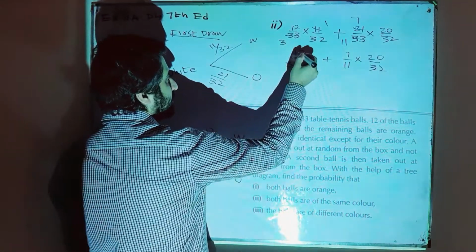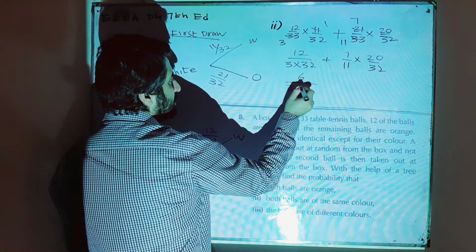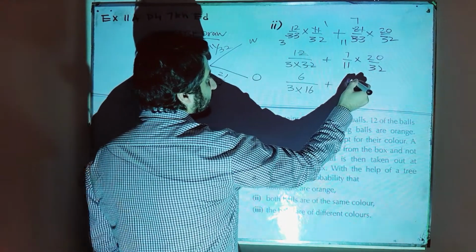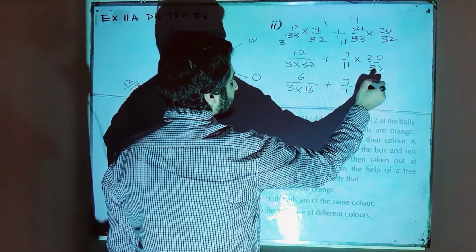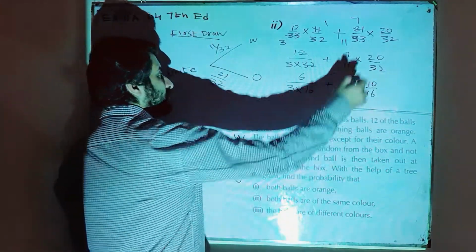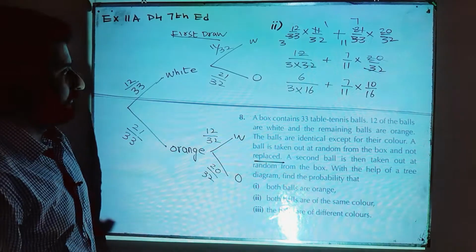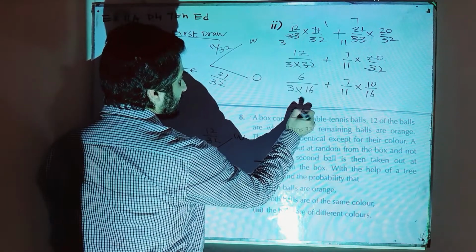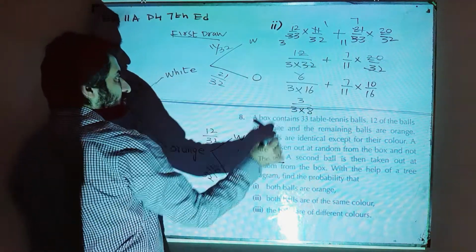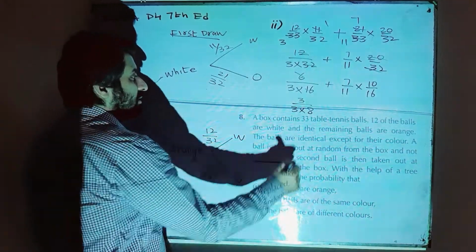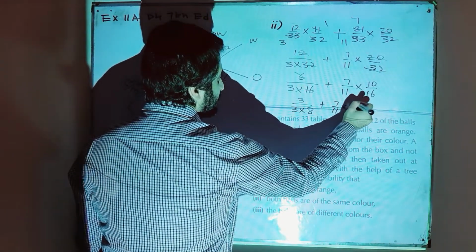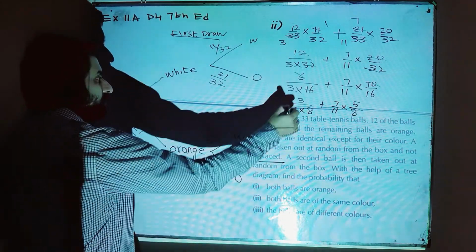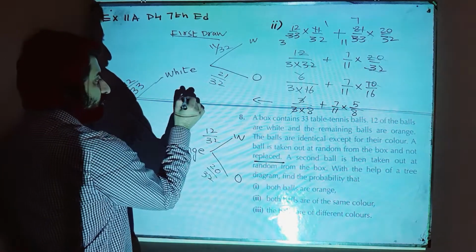Further simplification can be done: 6 twos are 12, 16 twos are 32, and 7 over 11 into 2 tens are 20, 2 sixteens are 32. You can further simplify it: 2 threes are 6, 2 eights are 16, 2 fives are 10, 2 eights are 16. You can simplify this.